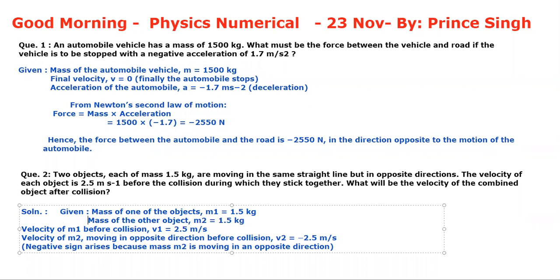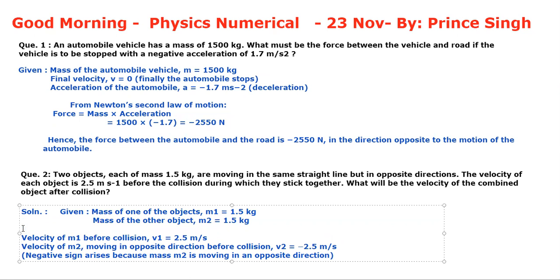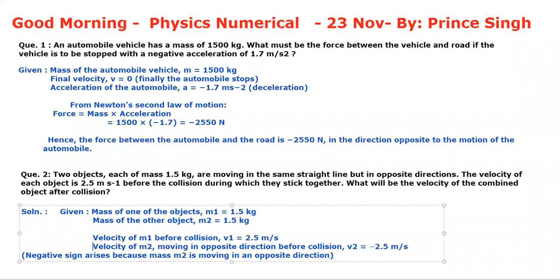Mass of object 1, m1, mass of object 2, m2, velocity of object 1, v1, velocity of object 2, v2. The negative sign here indicates that m2 is moving in the opposite direction with respect to m1. Okay.